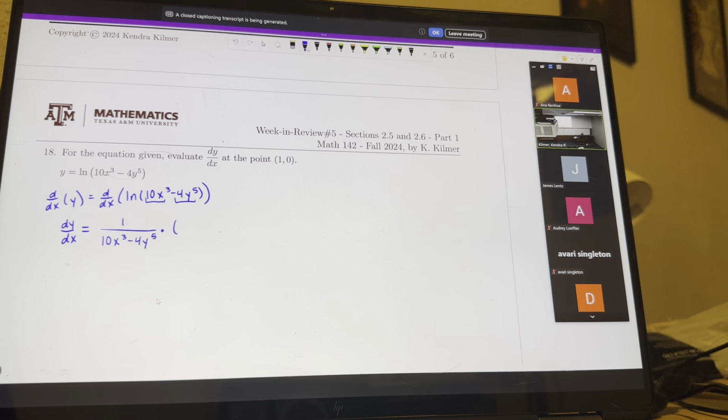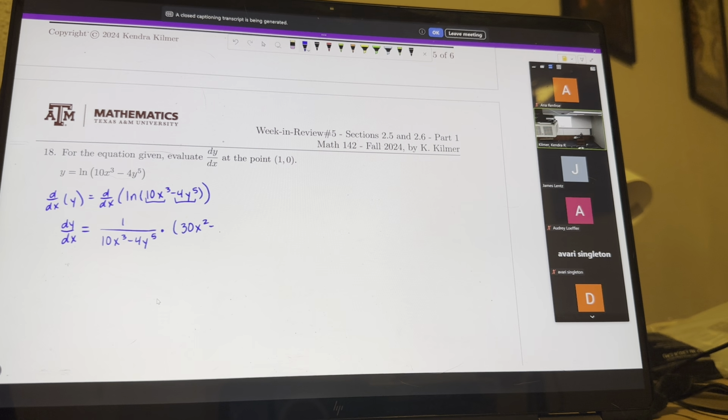That inner function is the difference of two functions. And so to find the derivative, we just find the derivative of each piece, leave the sign in between. The derivative of 10x cubed is 30x squared minus the derivative of 4y to the 5th. So that's an expression involving y, and so we need to use the chain rule because we're taking the derivative with respect to x.